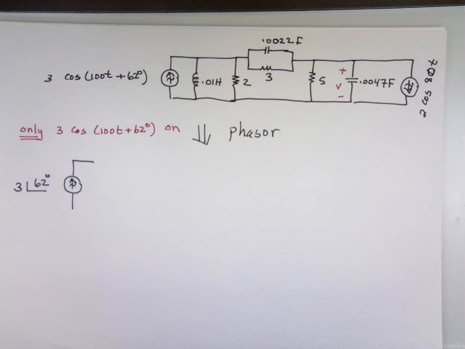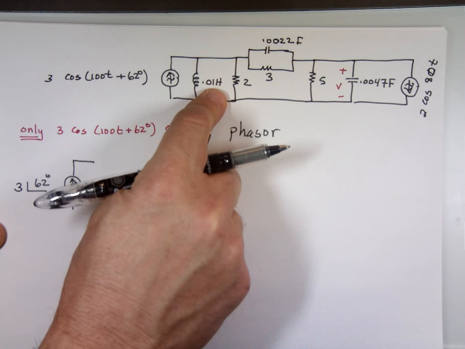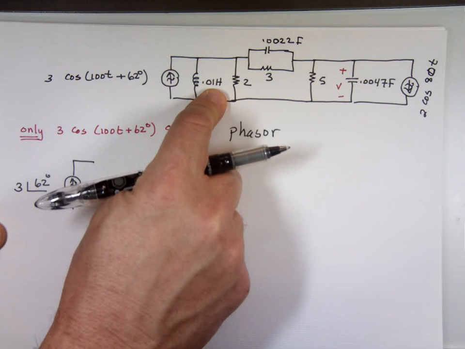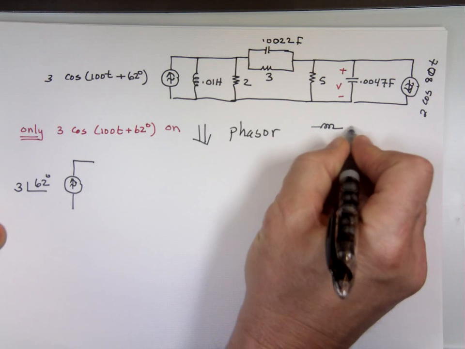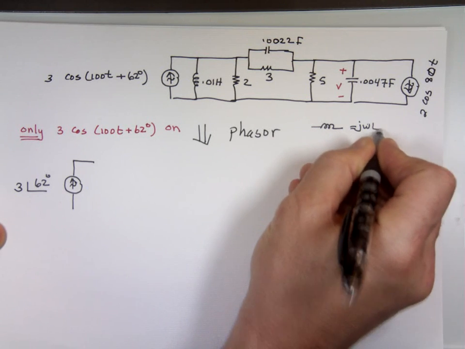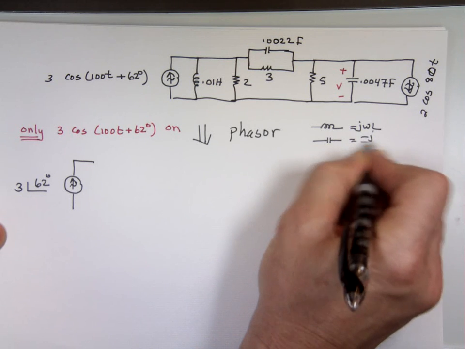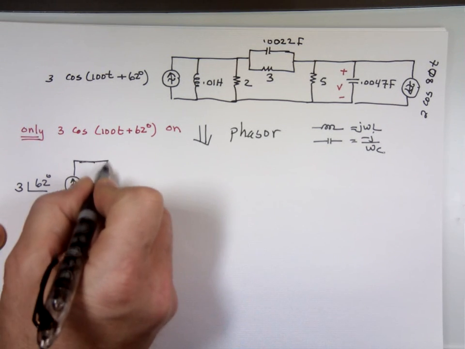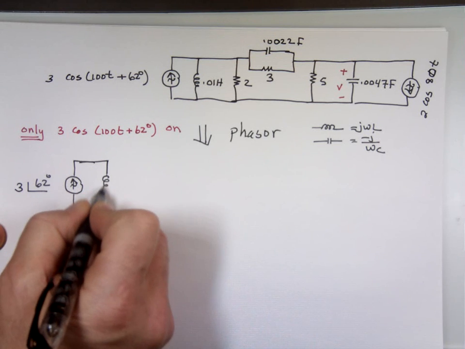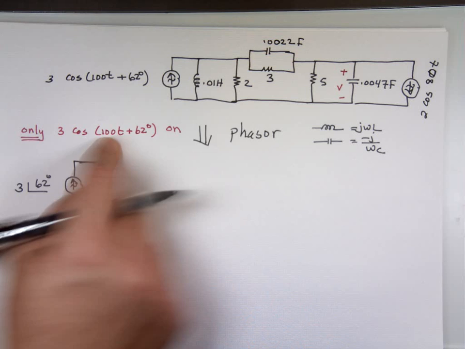So I'm only going to look at that source. The inductor is j omega L. The capacitor is what? Negative j over omega C. So here's the first inductor. Omega is 100, and 100 times 0.01 is what? 1j?